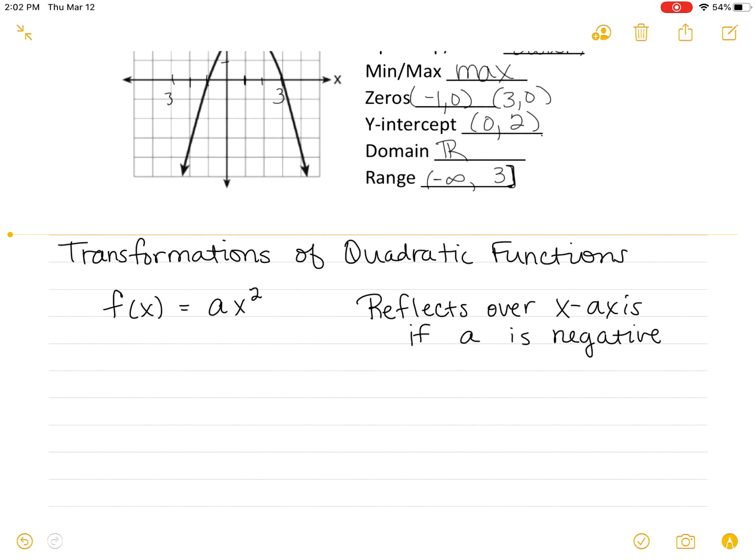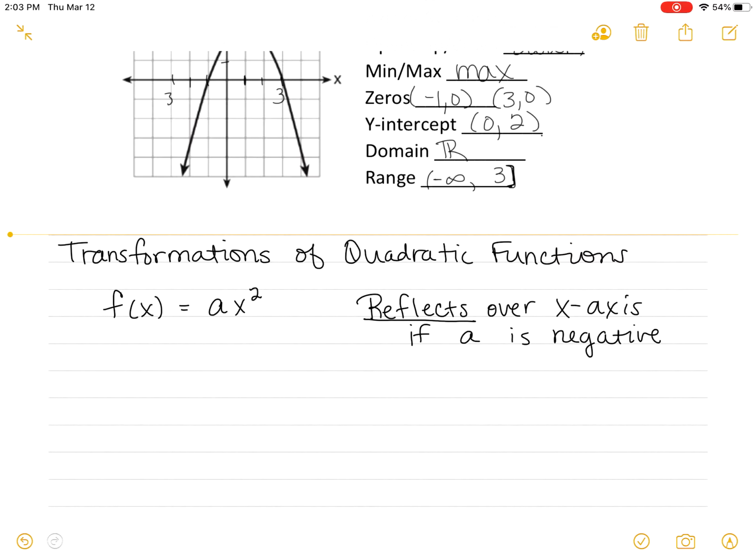That tells you your opening direction. If it's positive, it opens up because that's the way x squared opens. If it reflects over the x-axis, it's now opening down. So if it opens down, you know that your a value is negative. So that's your reflection piece.